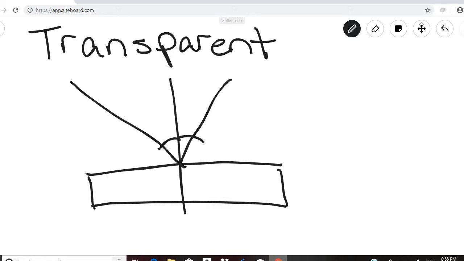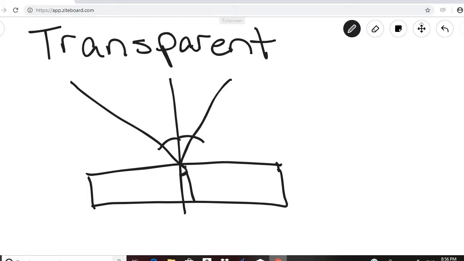And so the light beam will bend as it goes through the transparent surface. So a part of it gets reflected, but then a portion of the light that travels through the transparent surface will bend. And so this angle will be smaller than the angle of incidence.